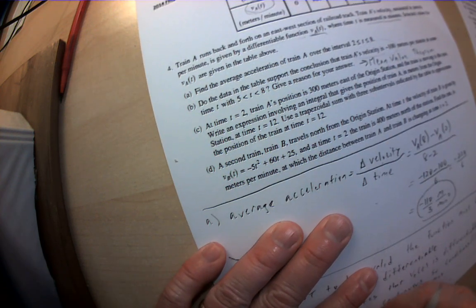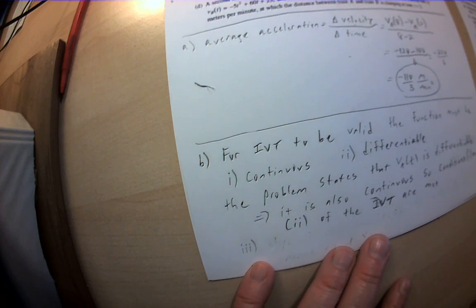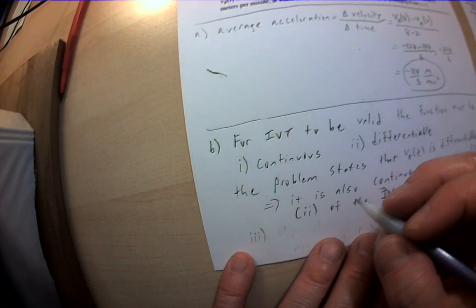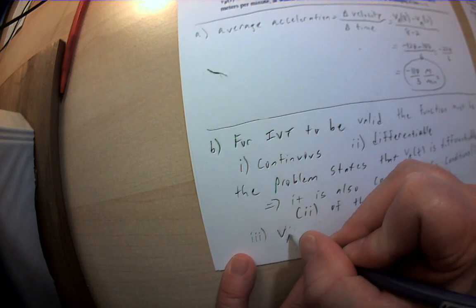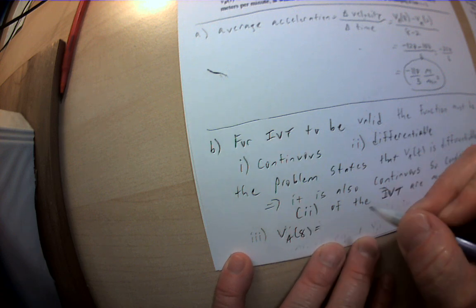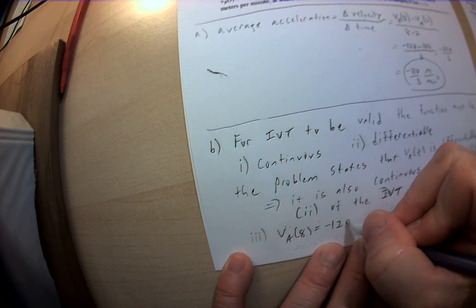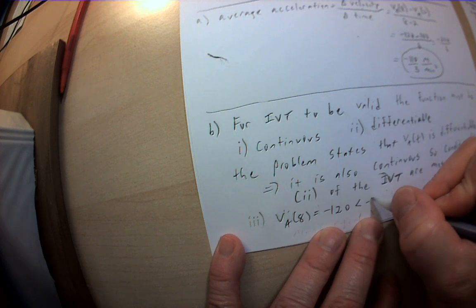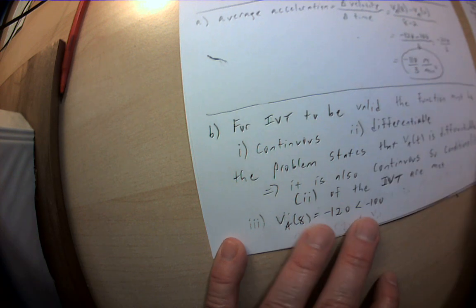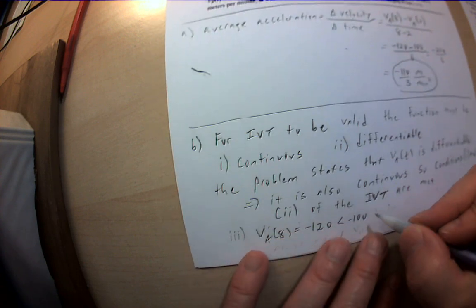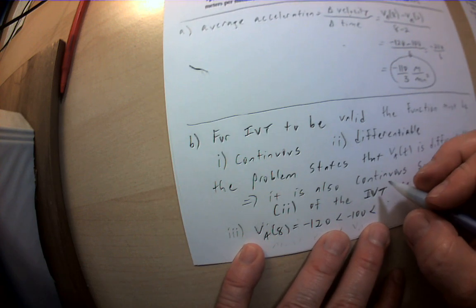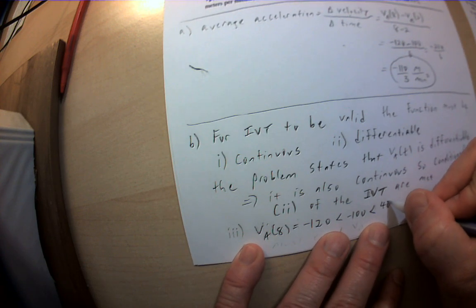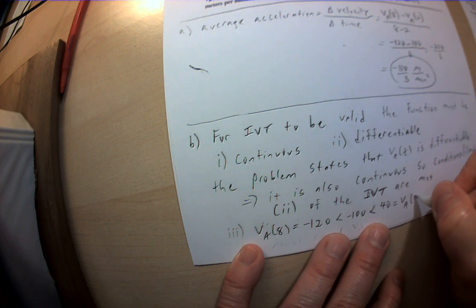So the third thing is VA of 8 equals negative 120, which is less than negative 100. I'm trying to prove the negative 100, which is less than 40, which is VA of 5.